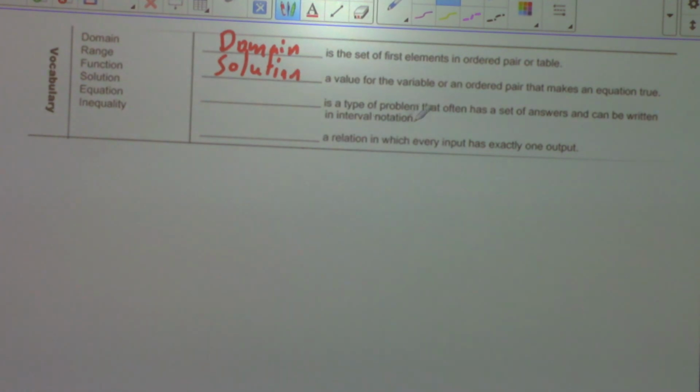What is a type of problem that has sets of answers that can be written in interval notation? Inequality, we did that one. That was our second problem. And then what is a relation that has exactly one output, or every input has exactly one output? It is a function.